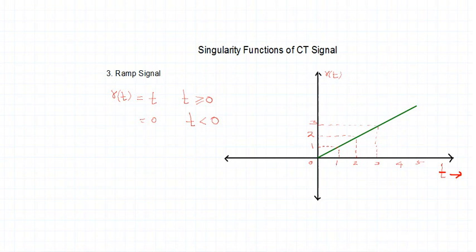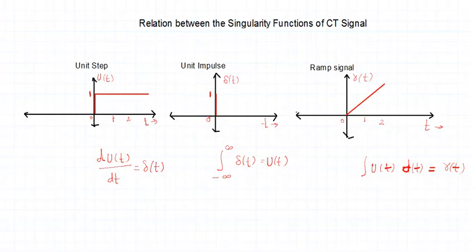Now we'll try to compare all the three singularity functions that we just discussed. The first signal that we discussed was the unit step signal. The second was unit impulse, and the third was the ramp signal. The unit step signal has a magnitude 1 and it remains 1 throughout up to infinity.